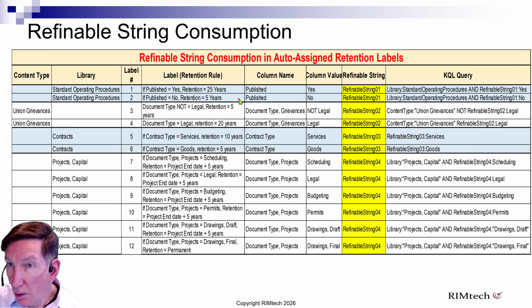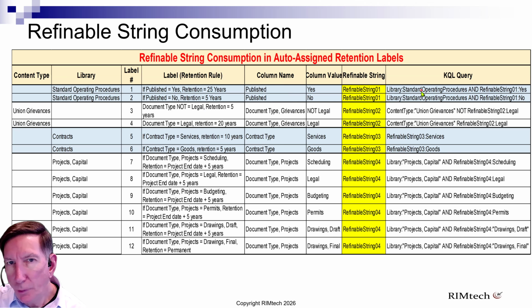If published equals no, I want a 5-year. In order to do that, I mapped refinable string 01 to the internal managed field for published, okay? So what does my KQL query look like? Library : standard operating procedures and refinable string 01 : yes, right?